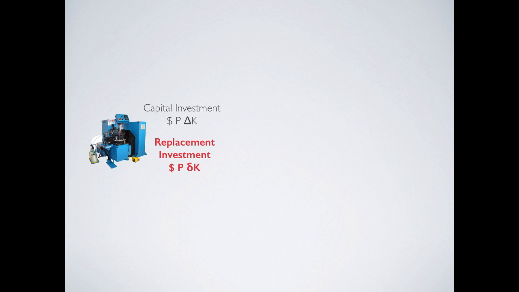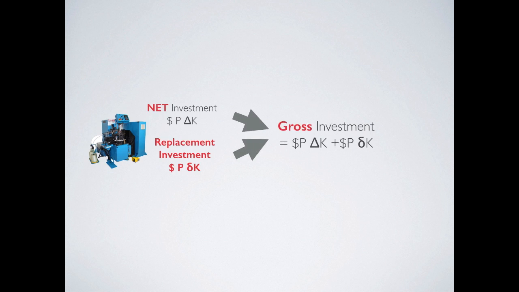One is capital investment, the other we call replacement investment. But to be more precise, capital investment here, we actually call net investment. And if we sum these two together, then we call it gross investment. So we always have to bear in mind gross investment is equal to net investment plus replacement investment.